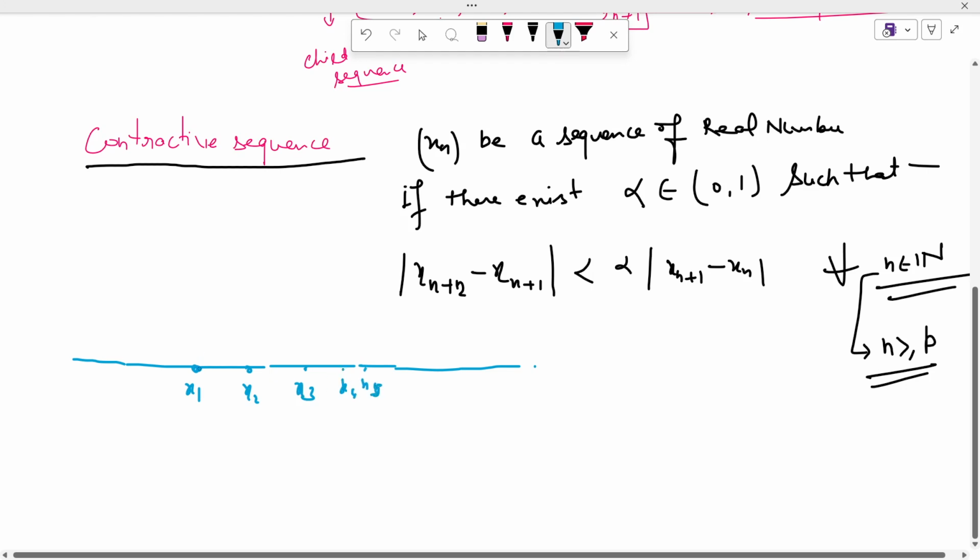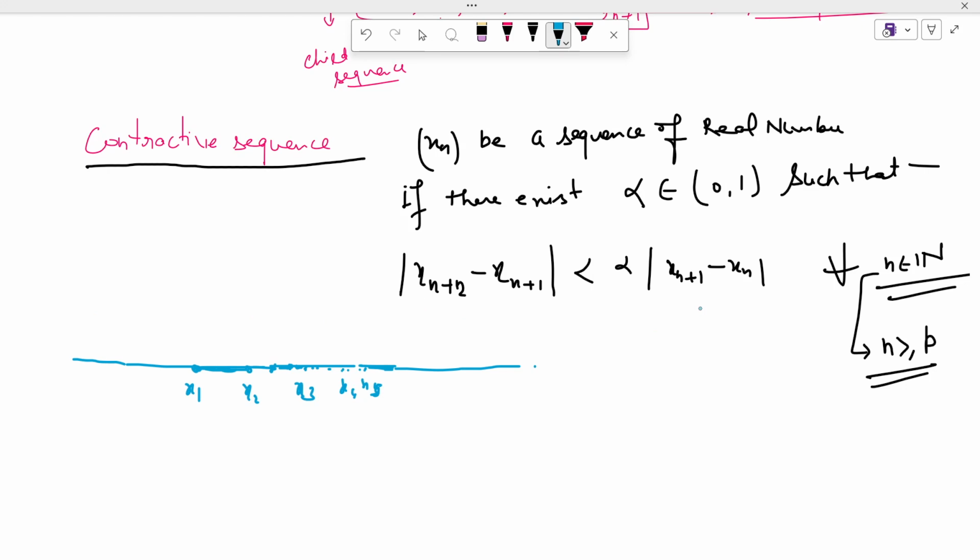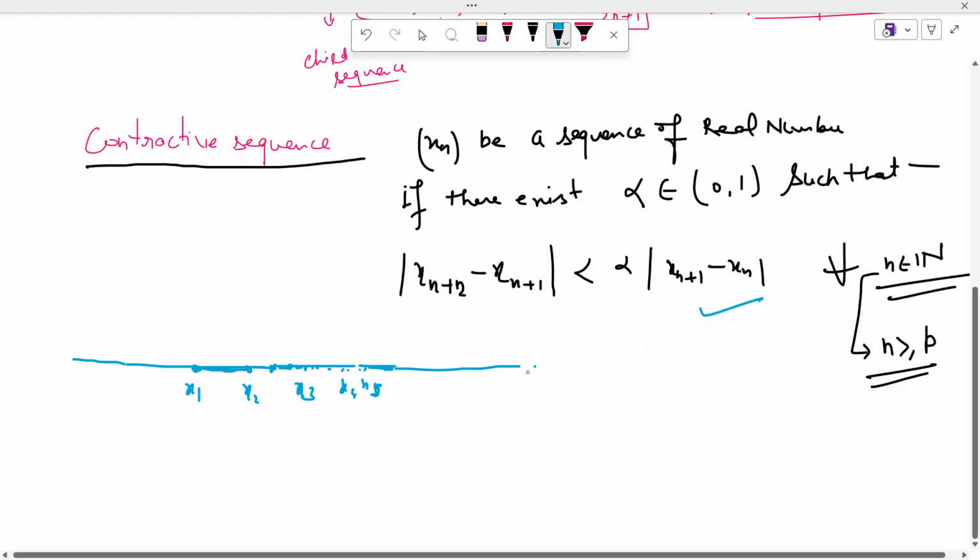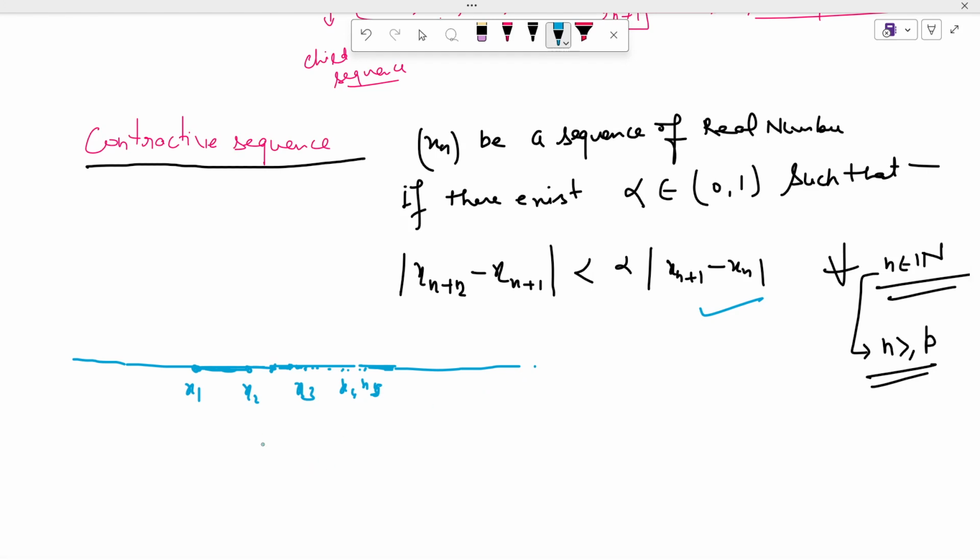A contractive sequence says that the gap between two consecutive terms becomes smaller and smaller. As time passes, the distance between consecutive terms becomes less than the distance between the previous consecutive terms. So this sequence is called a contractive sequence, and there is a result.